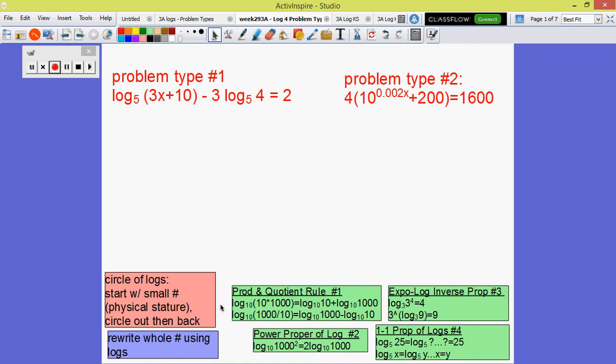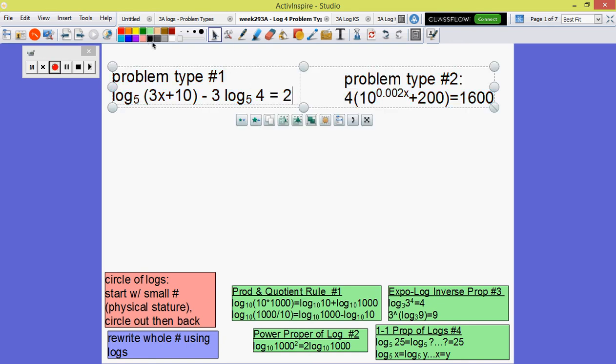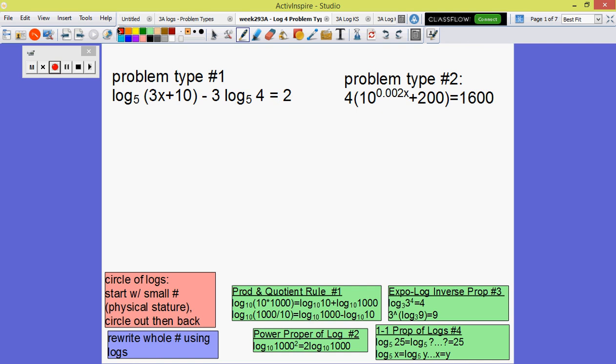We're going to use these properties over here. So first of all, let me change this to black. And here we go. The first thing I'm going to do is move this over so it becomes 4 to the power of 3.